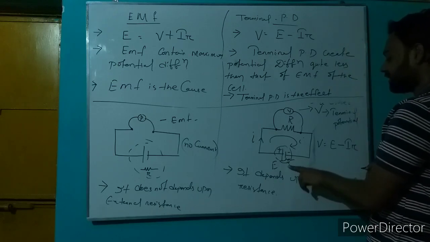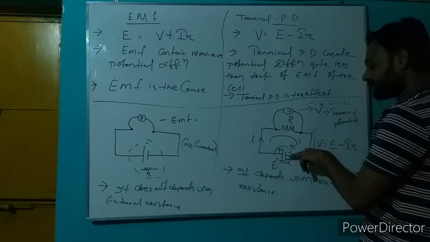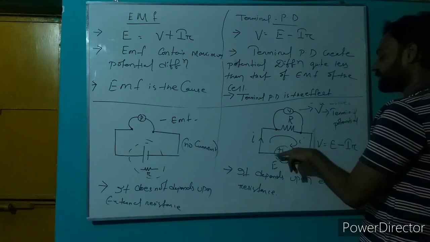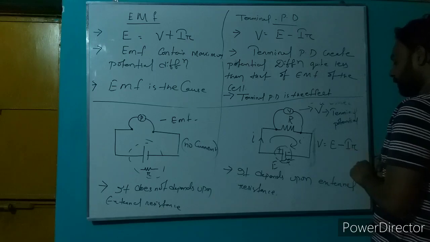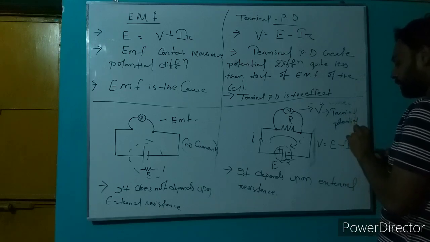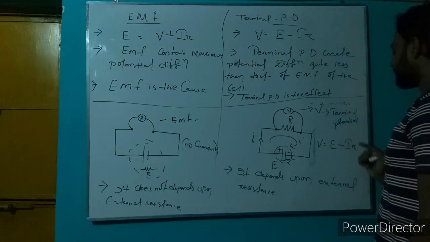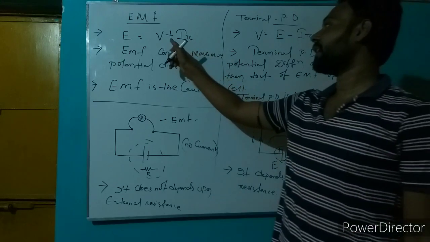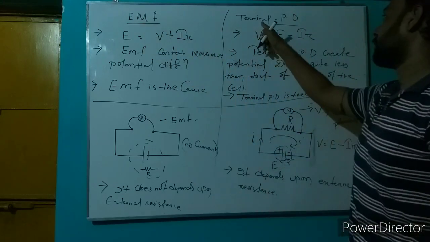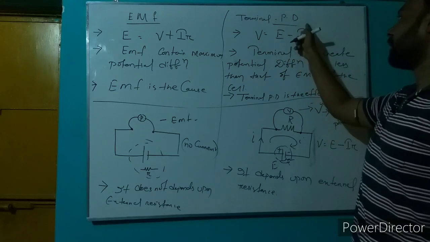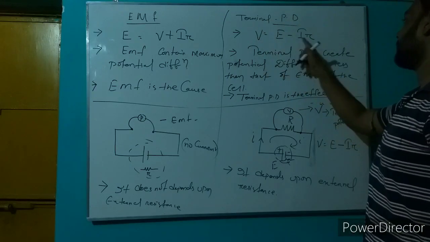Due to internal resistance, the current passes through the cell from lower potential to higher potential, and the potential gradually decreases due to internal resistance. Therefore, total EMF of the cell equals V plus IR, and terminal potential difference V equals E minus IR.